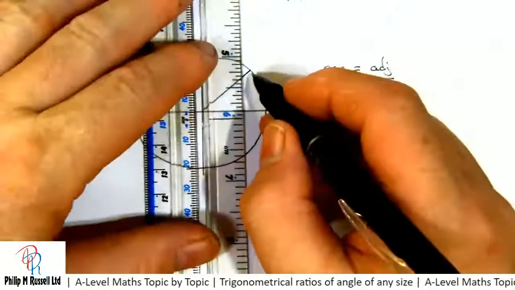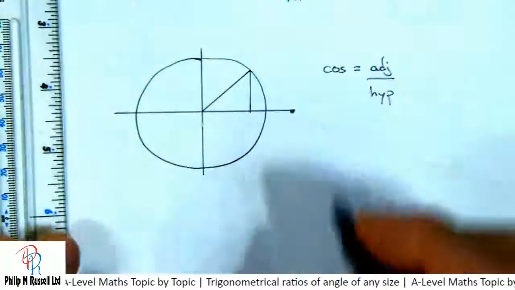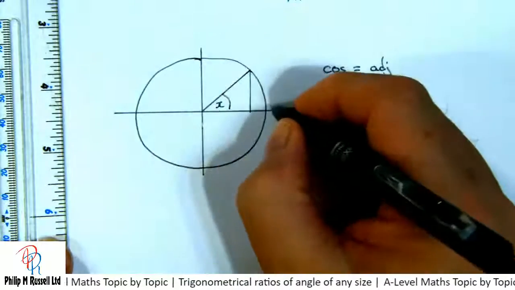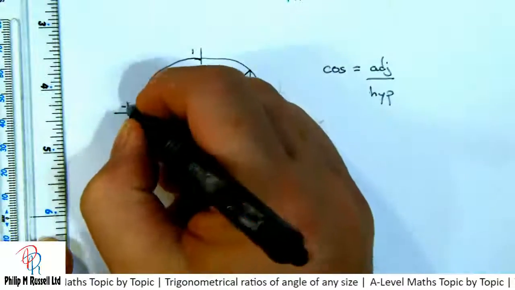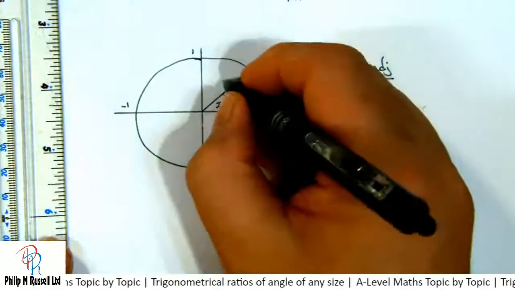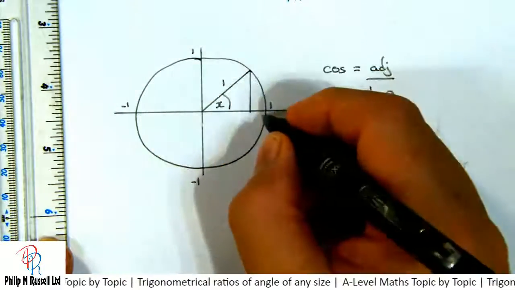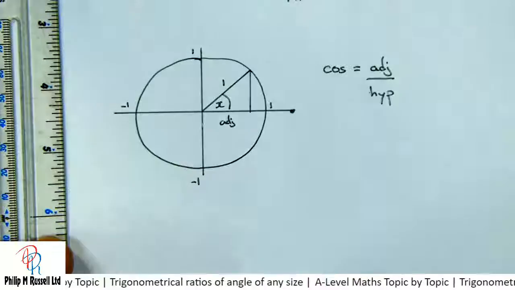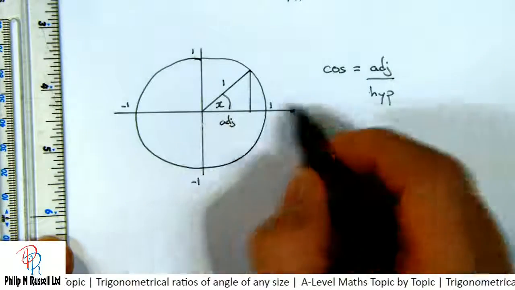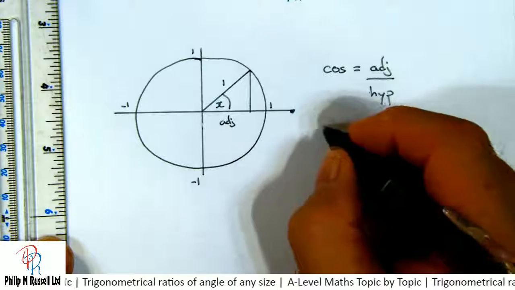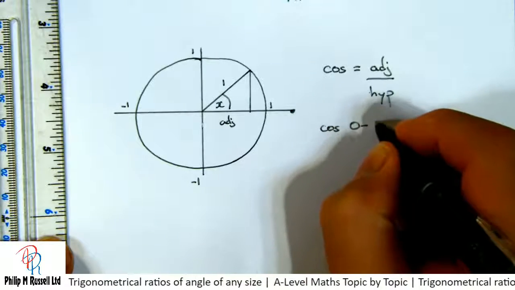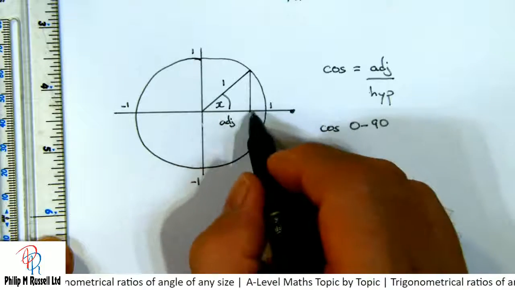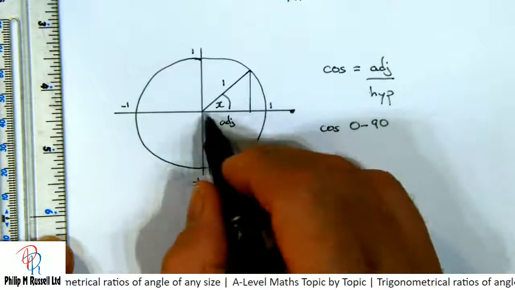So let's look at what we're trying to do here. If I'm looking for my angle x, we know my hypotenuse is always going to be the same length. It's going to be 1 because it's a radius. And this time we're looking at the adjacent. And when the cos is in the range from 0 to 90, then this adjacent value is going to be positive.